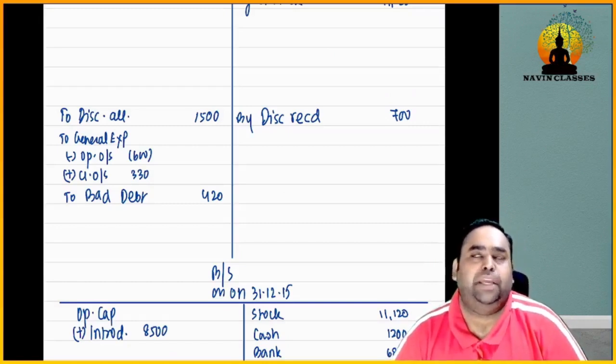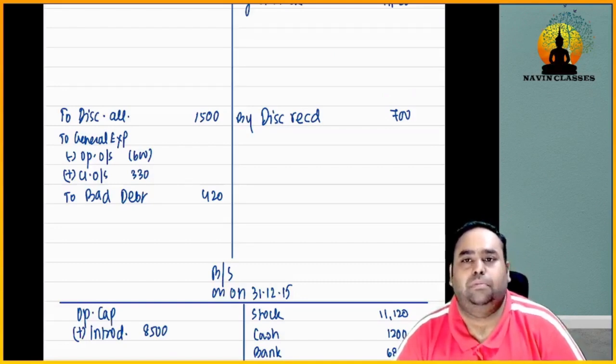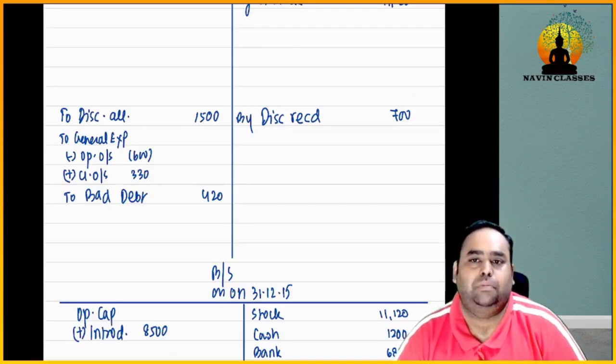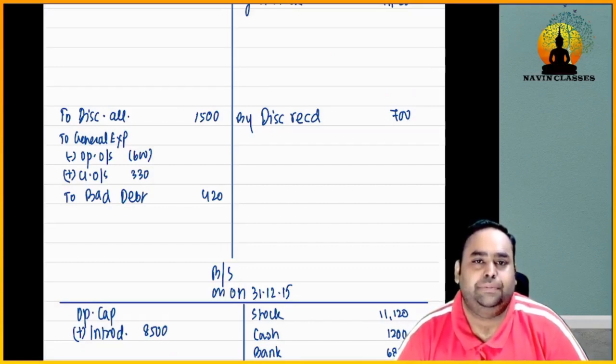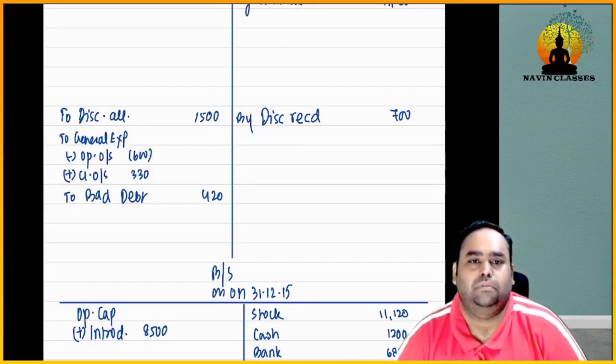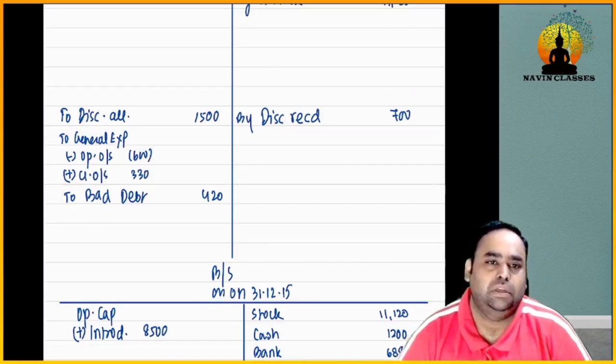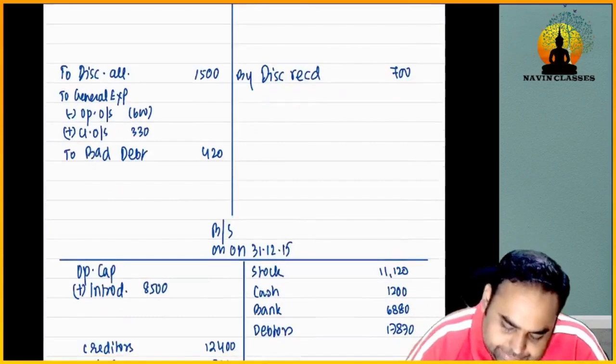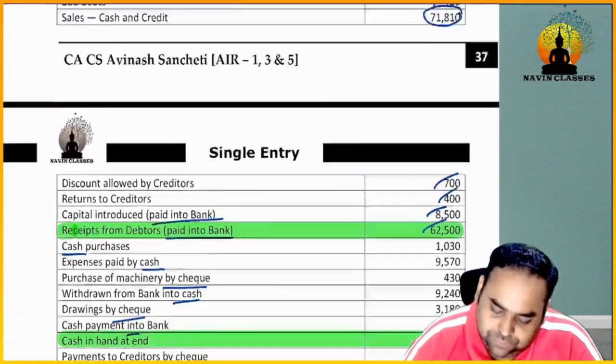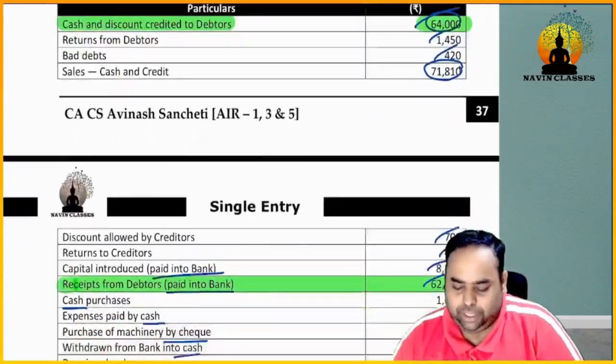Okay, discount will come in P&L of 1,500. Done. Now let's move forward. This 62,500 and 64,000 is completed.